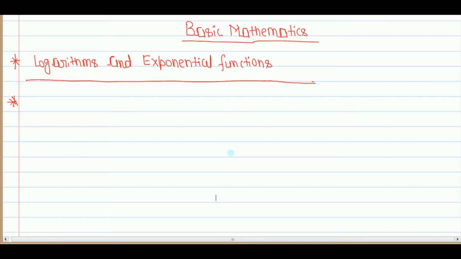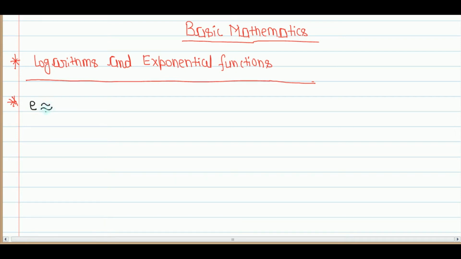So first we are going to learn about the logarithmic and exponential function, and the first concept we are going to learn is about e. You may be familiar, you may not be familiar with the value e.